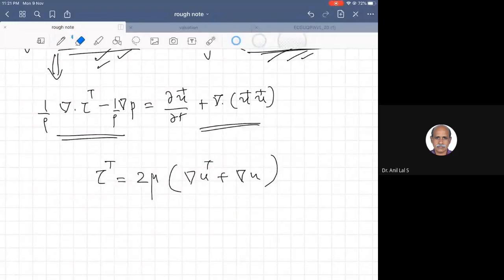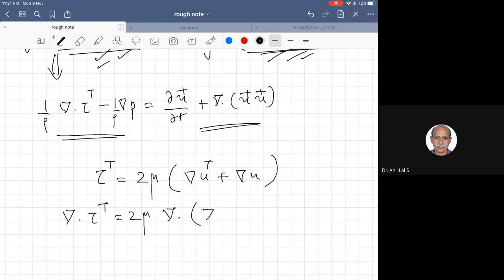Now let us do the del dot. Del dot of tau transpose is 2 mu, if mu is constant, del dot of del u transpose plus del u.